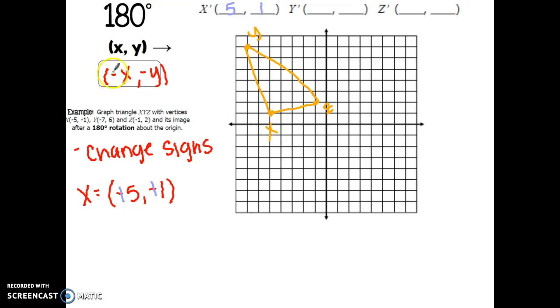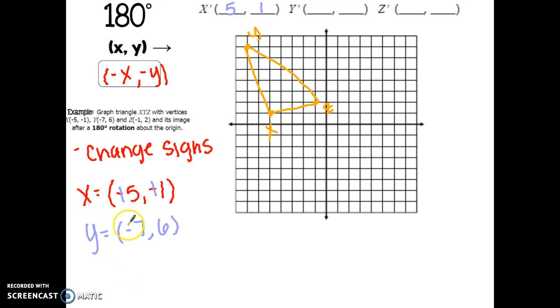I don't want you to think of this as make both of our coordinates negative. It just means change the sign. So if it's negative, make it positive, and if it's positive, make it negative. So let's look at some other points. Y was (-7, 6).